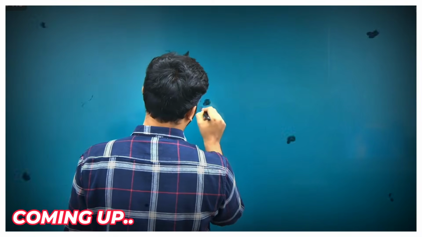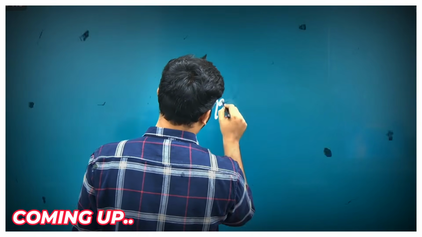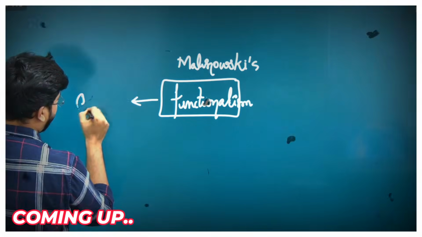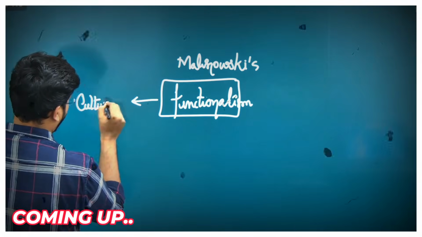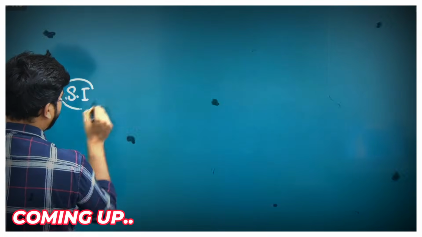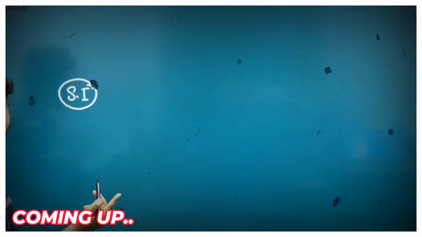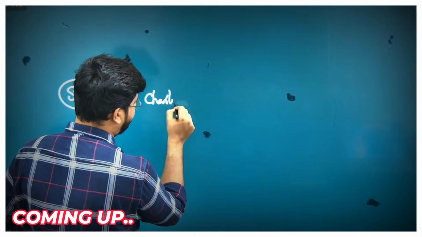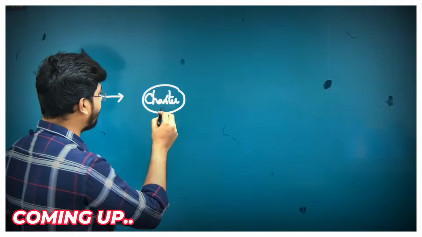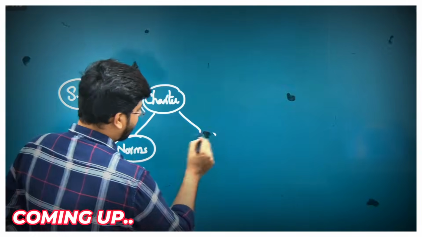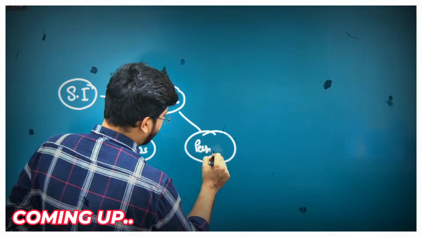If you look at functionalism, you have two types. One is Malinowski's biocultural functionalism and the other is Radcliffe-Brown's structural functionalism. He says that culture is an integrated whole and culture is there to meet the needs of an individual. He says that every social institution is again there to meet the needs of an individual, and this social institution consists of a charter. That means it has got an objective, why it is present, what is the aim of it, and then you have the norms. So what are the rules that are there as a part of it, and there are people present in it, which is also known as personnel.